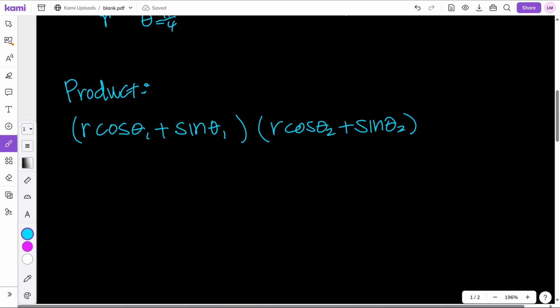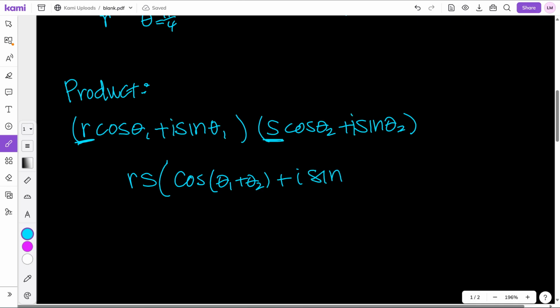When I multiply those together, I'm going to change this letter also, because these may not be the same. I multiply the lengths of the hypotenuse together. So I multiply the radius of the first one and the radius of the second one together. And then I add their angles. So it's cosine of theta 1 plus theta 2, plus i sine of theta 1 plus theta 2. So that's how I find the product, right?